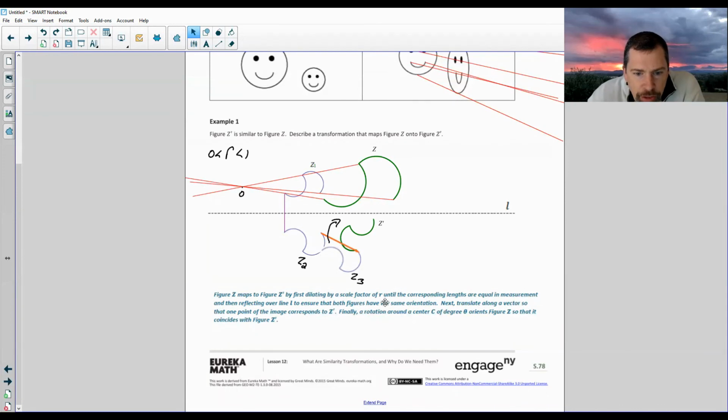Finally, a rotation around point A, and I didn't label that A, so I will. This is point A, rotating about the point that they share. Actually, it says not point A, point C. So this is point C. Finally, a rotation around a center C of degrees theta, the Greek letter that we name angles, orients figure Z so that it coincides with figure Z prime.